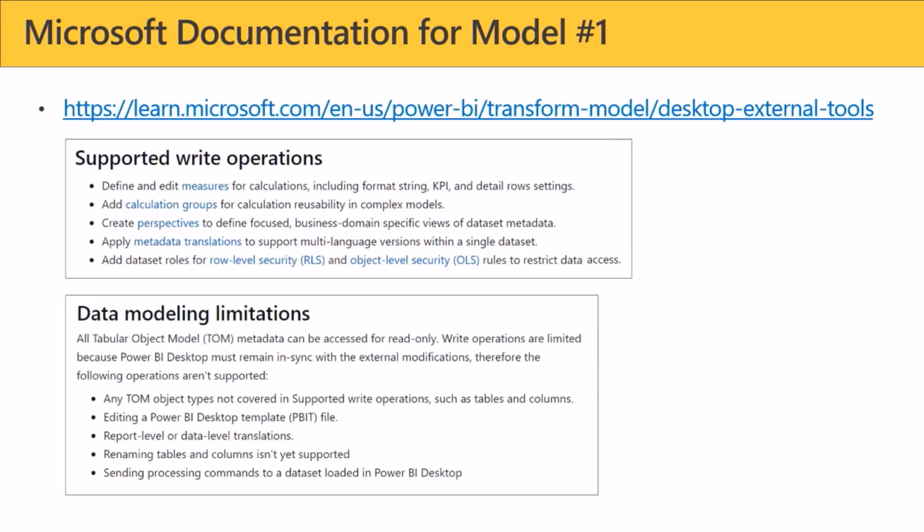Under data modeling limitations, it will say any TOM operations not covered, write operations for tables and columns. That's not entirely true. So at a high level, what you can't do is you can't create an outbound connection. But if you create a table that has DAX behind it, that's allowed. And you can certainly add columns and measures.